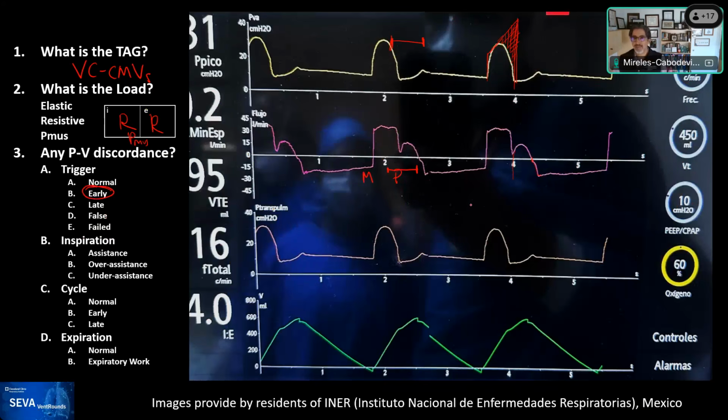And when I see this graph, the first thing that came to my mind is that somebody decided to hide the problem, because this patient was probably double triggering breath after breath. Every single one of these should have been, in a good setting, another volume control breath right here. It should have delivered another breath, to which the patient would have gotten 950 cc's of tidal volume, which I can imagine was not welcomed by the team.